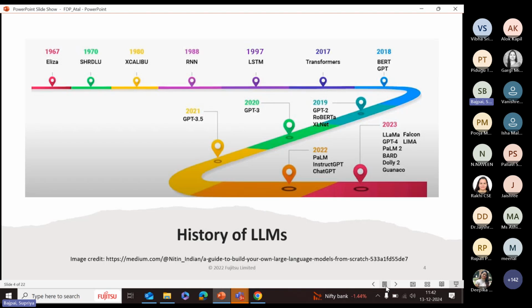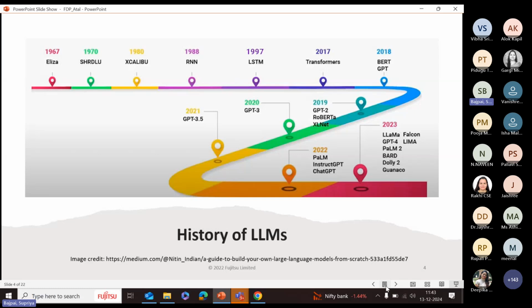Transformers opened the door for a new wave of models. First, there were BERTs, Bidirectional Encoder Representations from Transformers, designed to understand context by looking at the words before as well as after the target word, so the whole sentence comes into the picture. They cannot predict the next word, meaning they cannot generate text, but they can understand the text.